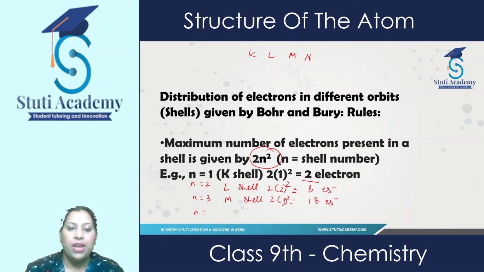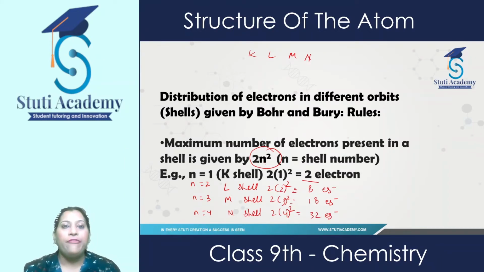Then if n is equal to 4, it is the N shell. According to the formula, just write down the number of the shell in place of n, 1, 2, 3, 4, and then 32 electrons can be accommodated.